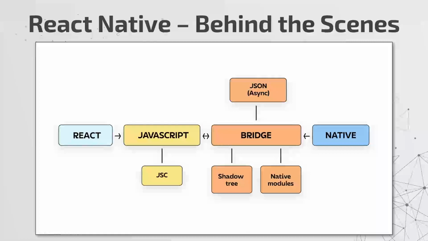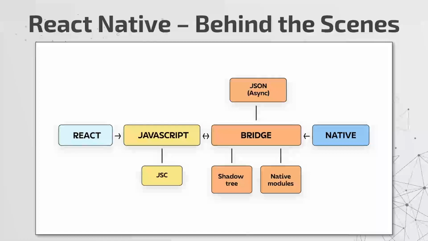That means we can have multiple threads and multiple processes running, with multiple components rendering in parallel. In contrast, Java or Swift applications use multi-threading and render their components in parallel.